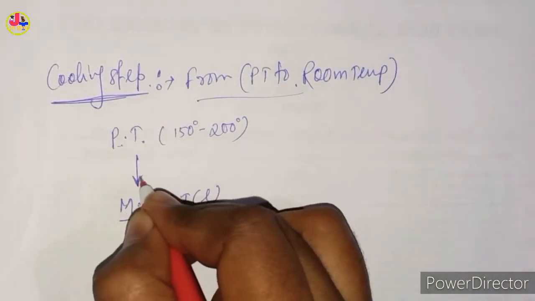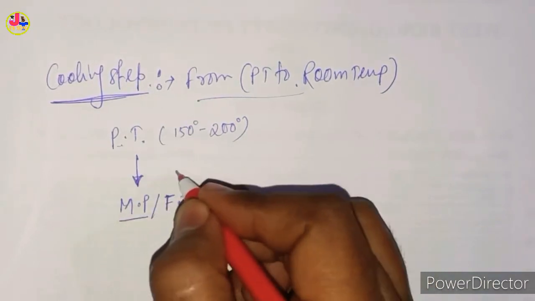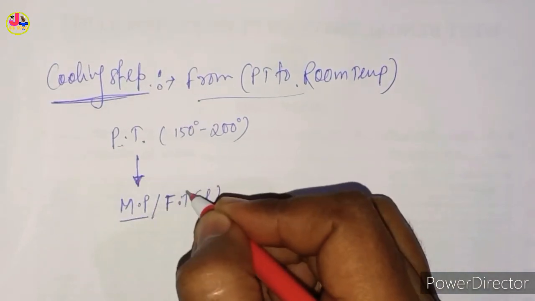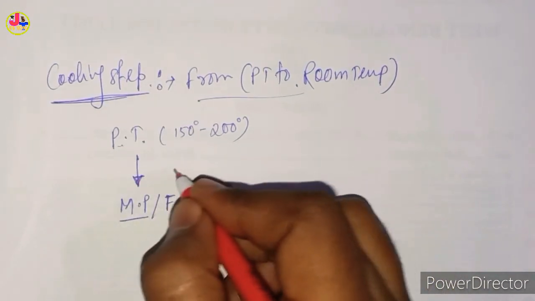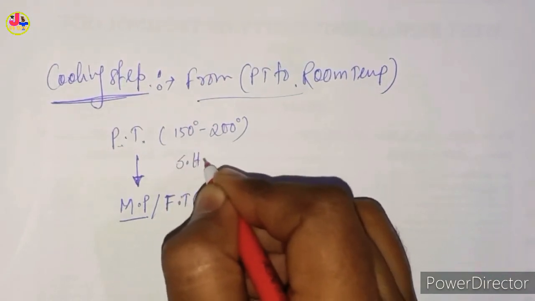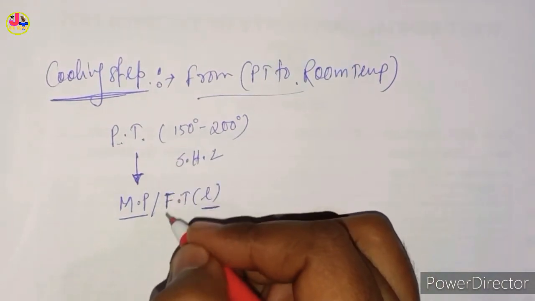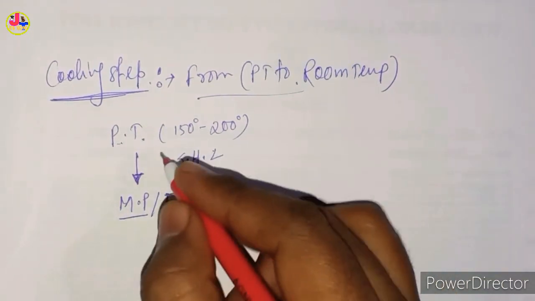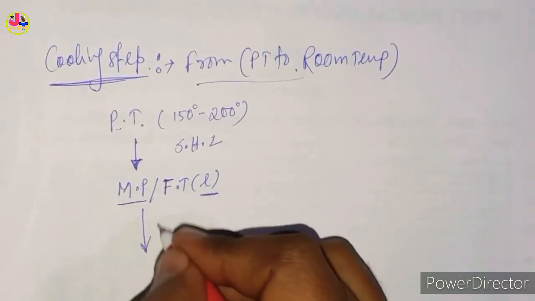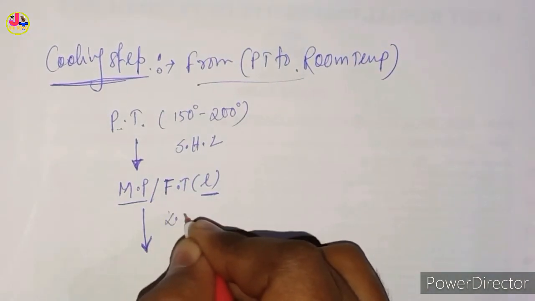So we know about sensible heat and latent heat. Here the temperature will be decreasing. That's how we can say it is the sensible heat loss. After that, it will be due to latent heat loss.